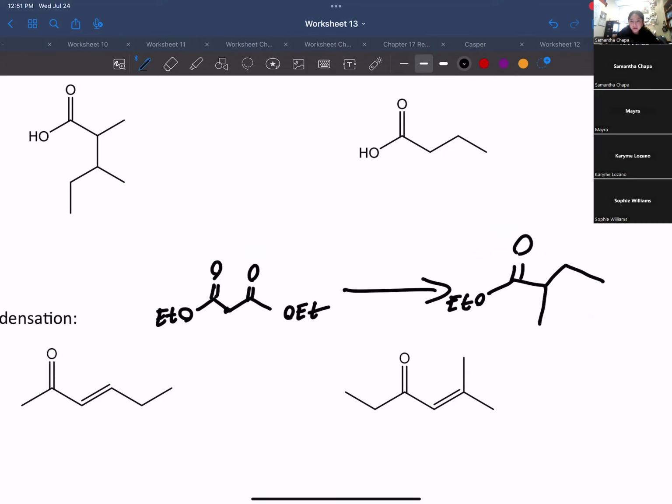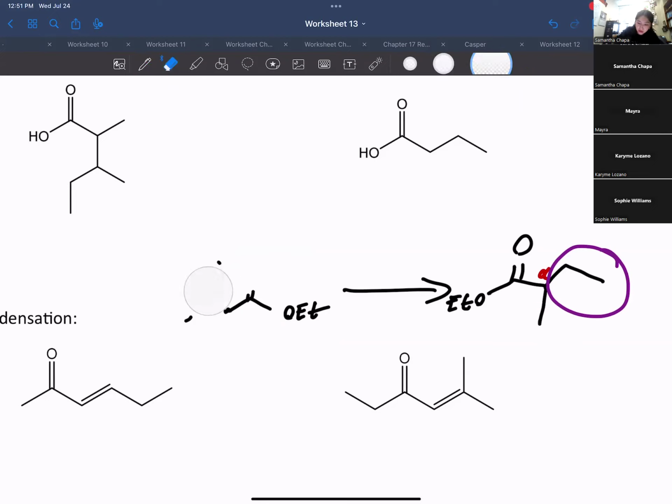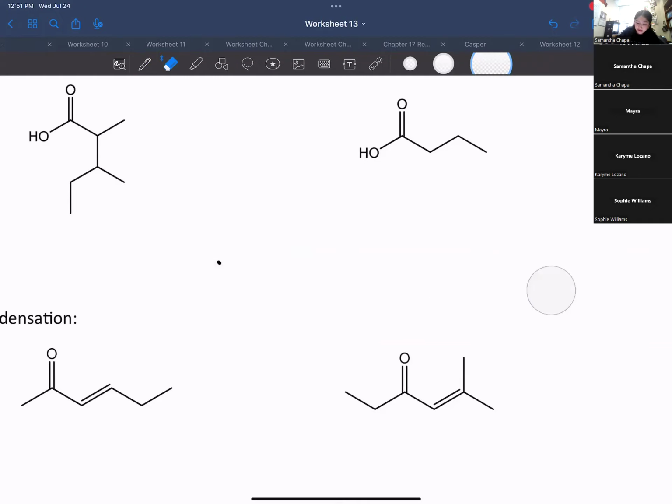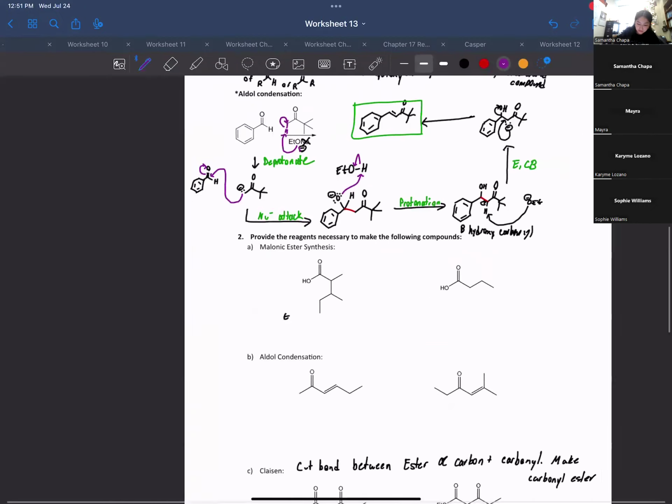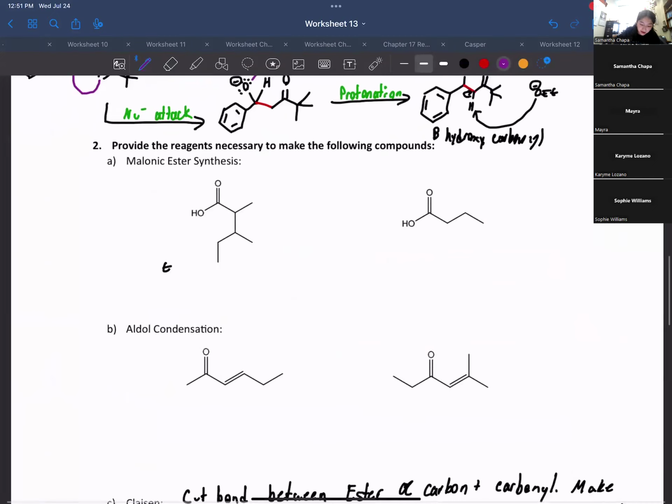Yeah, you're going to be using 2 alkyl halides because there's 2 separate groups attached to that alpha carbon that we're talking about. Identify your alpha carbon, and these are the 2 groups that you're going to be adding somewhere along your mechanism. So that's what we're going to be focusing on with this synthesis problem right here.